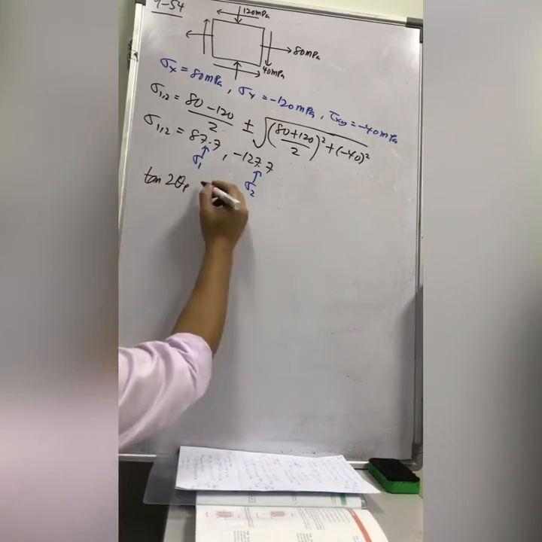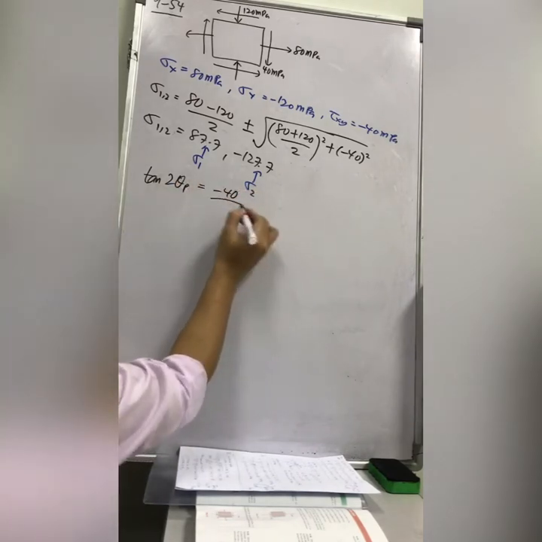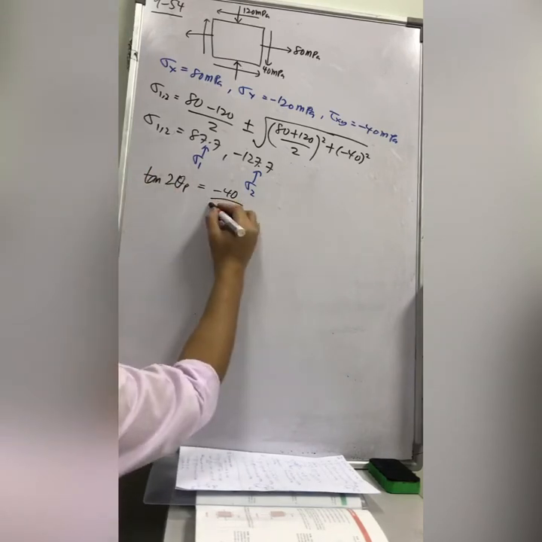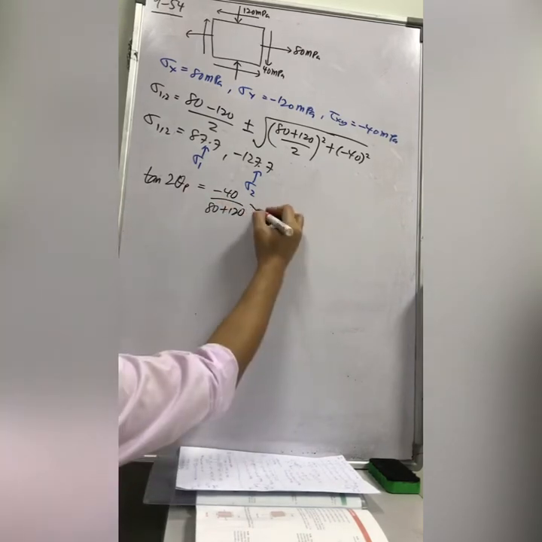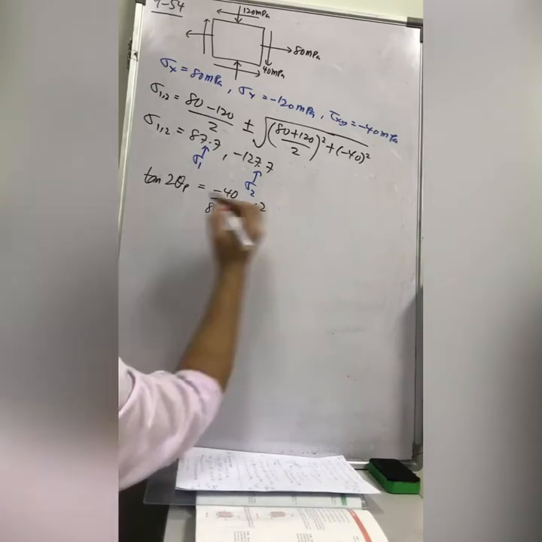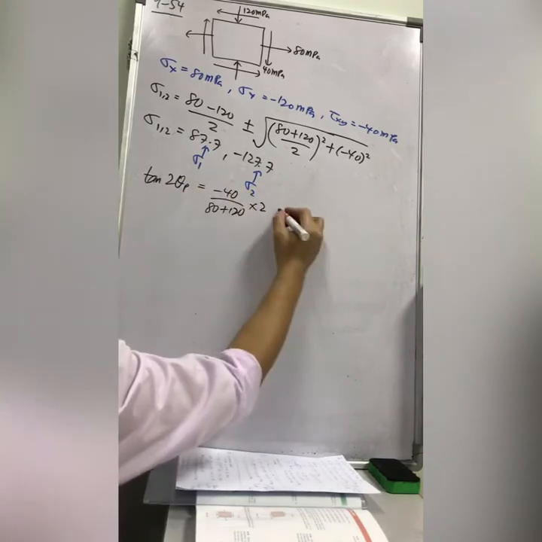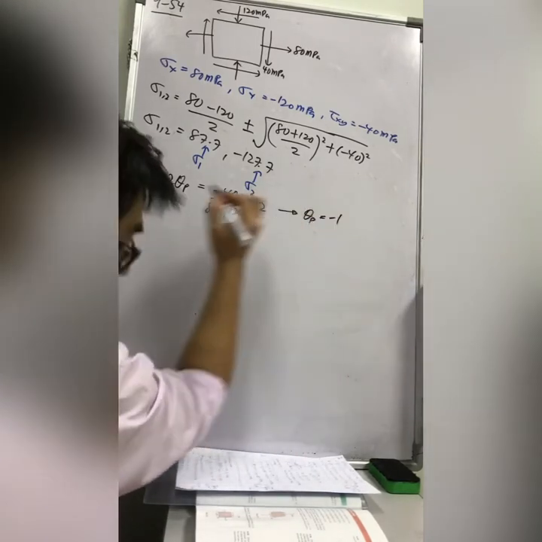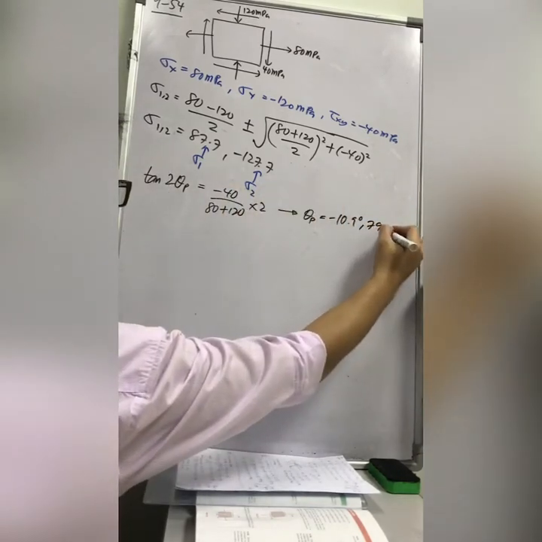Tangent of 2 theta p equals tau xy, which is minus 40, divided by sigma x minus sigma y, divided by 2. Hence this will give you theta p equals minus 10.9 degrees and 79.1 degrees.